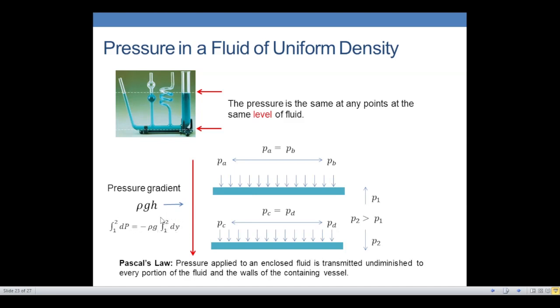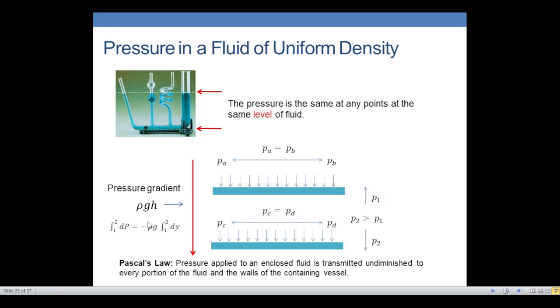And we assume that the density is constant, because we are talking of the same fluid, so the density must be the same in different parts of that fluid. And of course, the gravity is the same. So this part is constant.